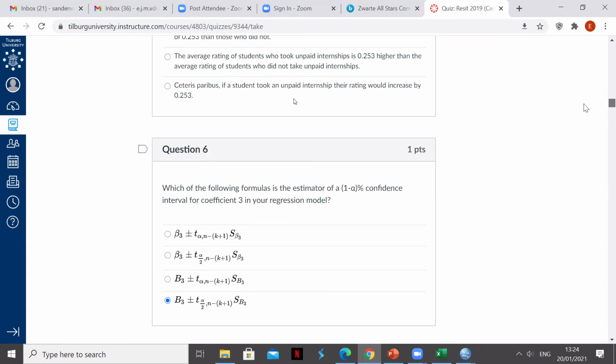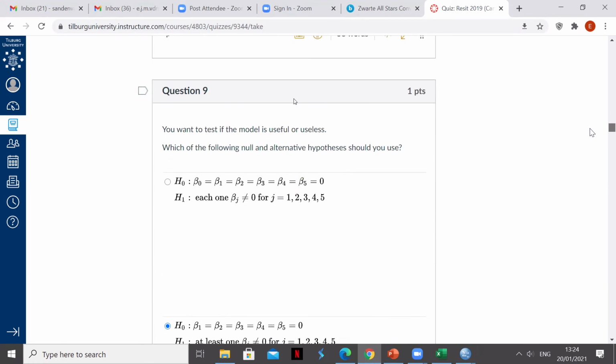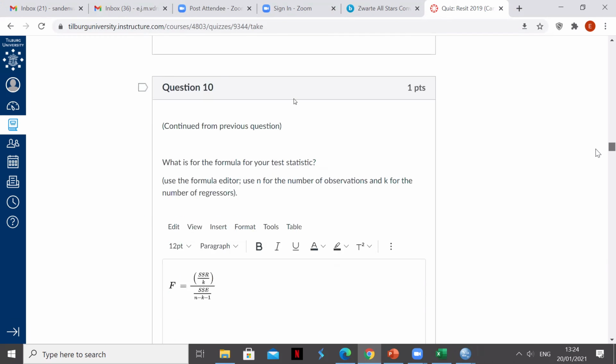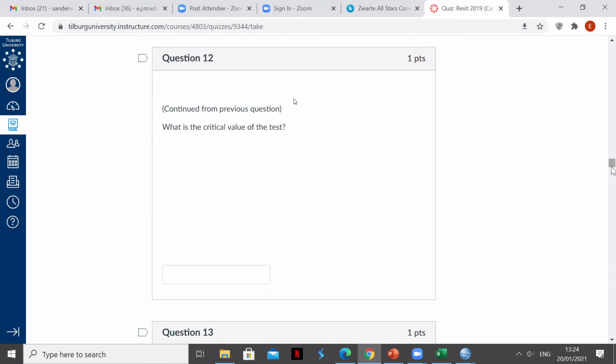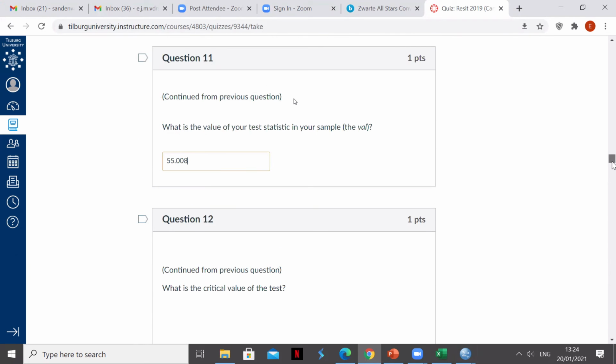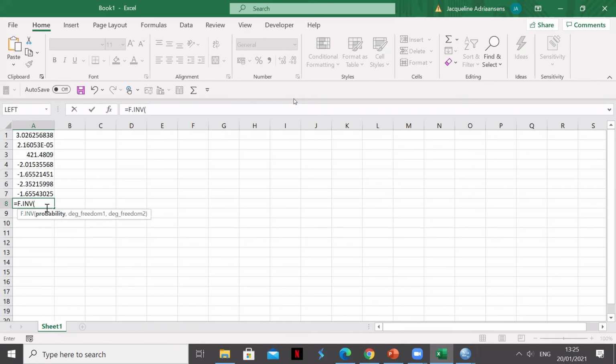But I suppose it has to be 95% confidence. They don't state it clearly. In the test, of course, it will be stated more clearly, but now we will just take 95. So the probability is 0.95.